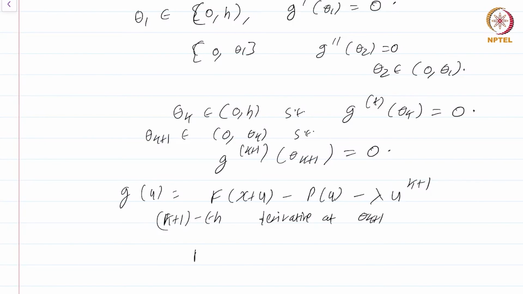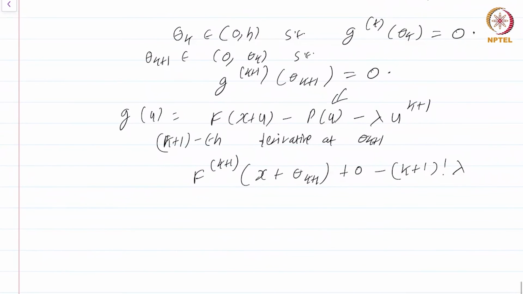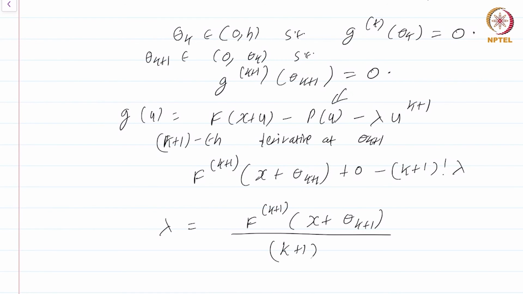Well, that's just going to be f to the k plus 1 of x plus theta k plus 1. This polynomial is a polynomial of degree k, so that vanishes, and this will just give us minus k plus 1 factorial times lambda. In other words, lambda is just going to be f to the k plus 1 of x plus theta k plus 1 divided by k plus 1 factorial.